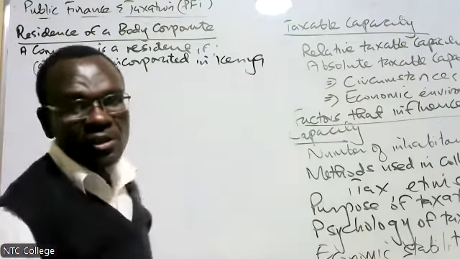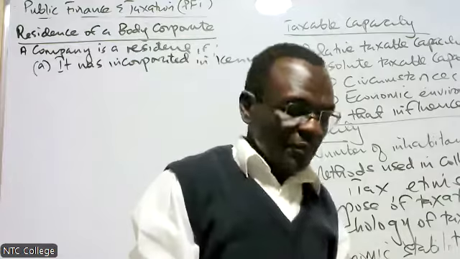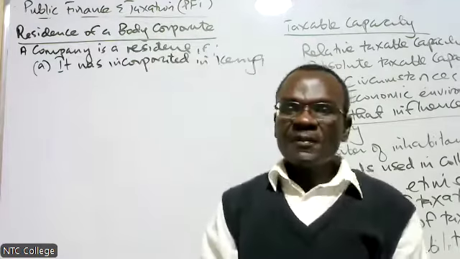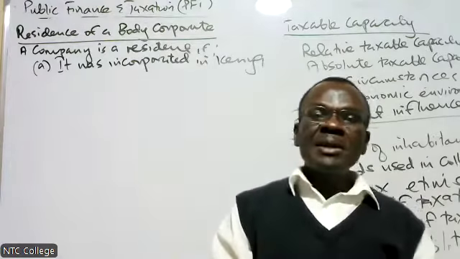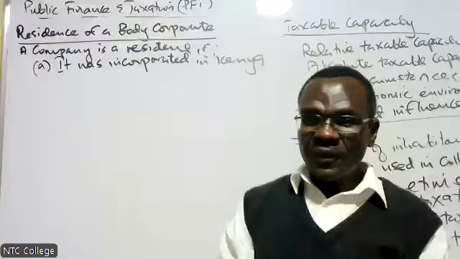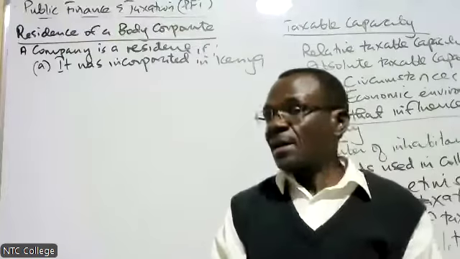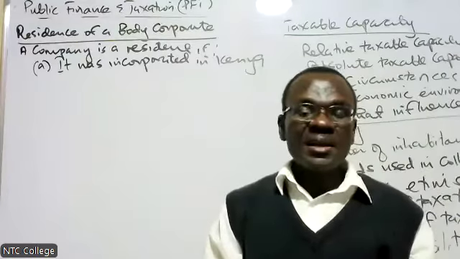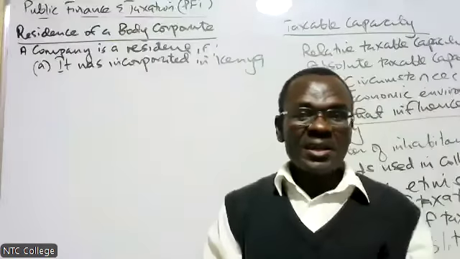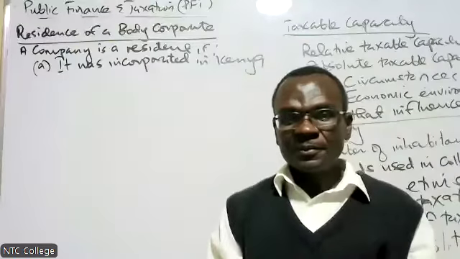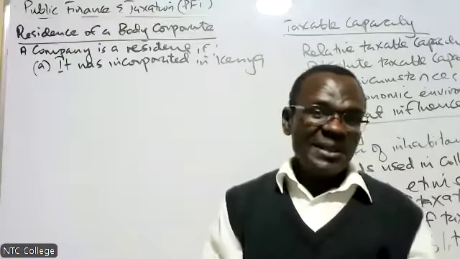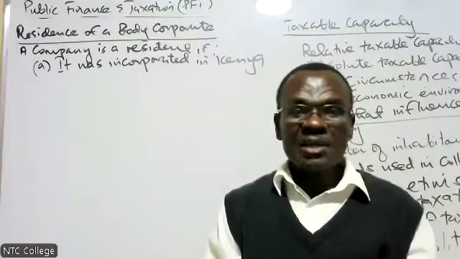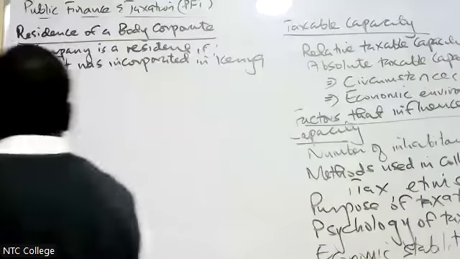So incorporation refers to registration. So we have different laws. If it's a bank, it must have been incorporated under the Banking Act of Kenya. And there are many banks like that, registered under the Banking Act of Kenya. So that's the first condition. Or if it's a company, it's registered under the Companies Act of Kenya, and so on.